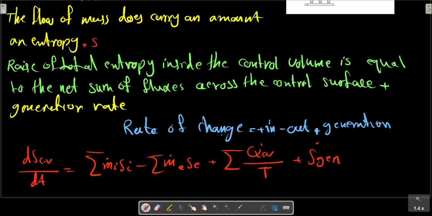These fluxes are mass flow rates carrying a level of entropy and the rate of heat transfer that takes place at a certain temperature.